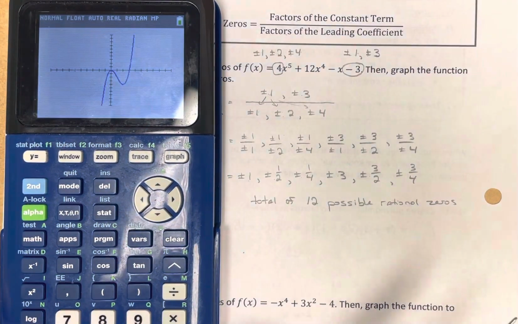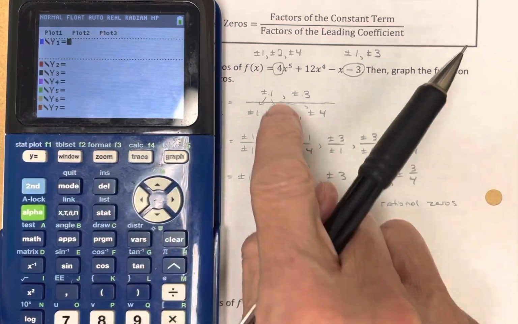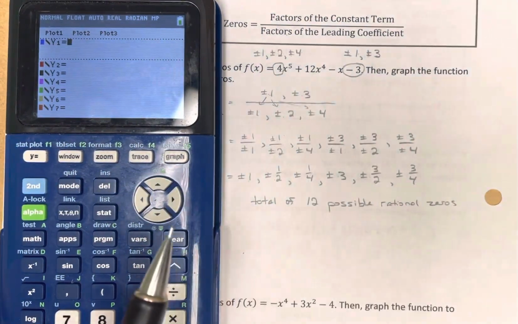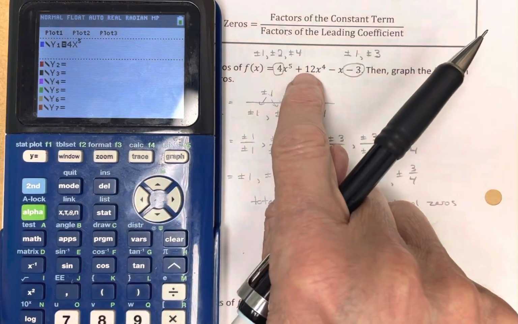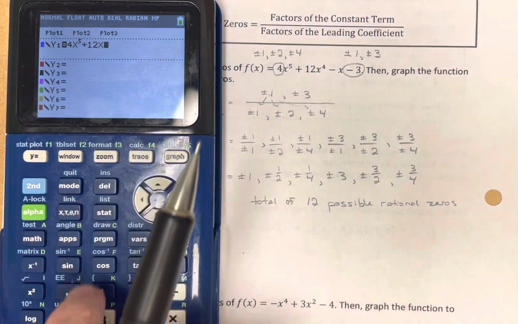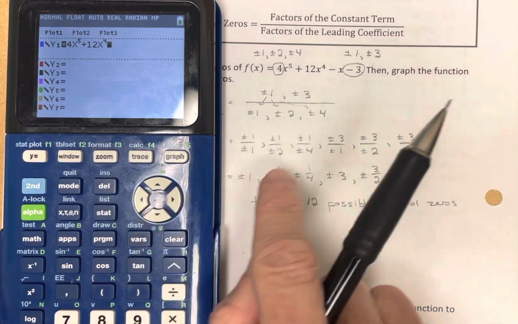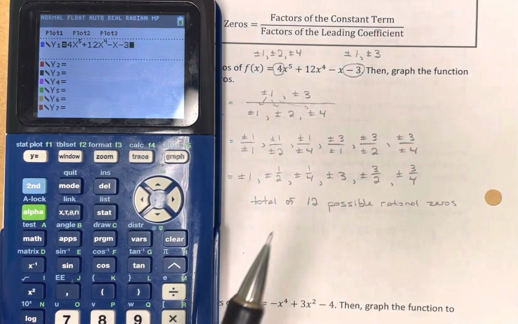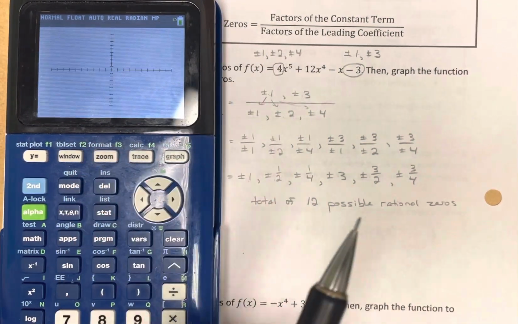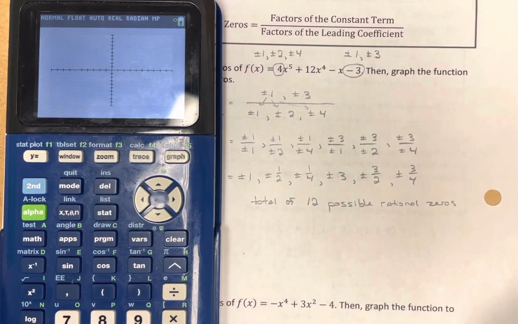So I'll turn this on. I'll go to my y equals and I'll put in my function, which is 4x to the 5th plus 12x to the 4th minus x minus 3. And I'll make sure I'm in the standard window. Okay.